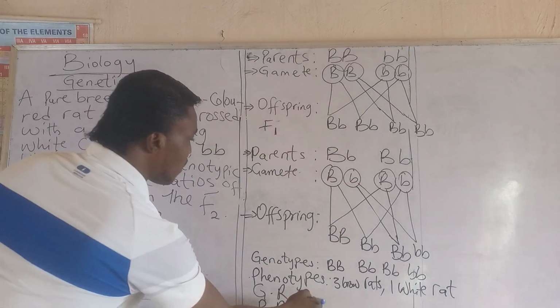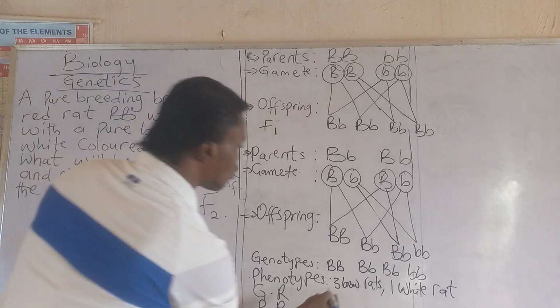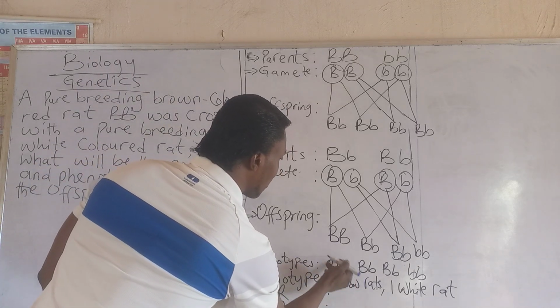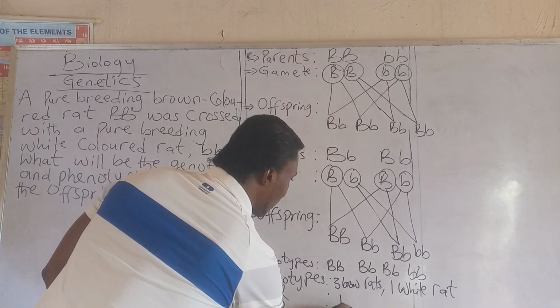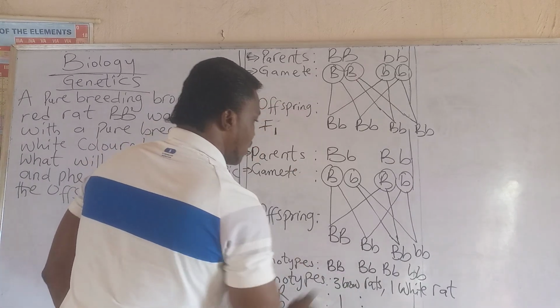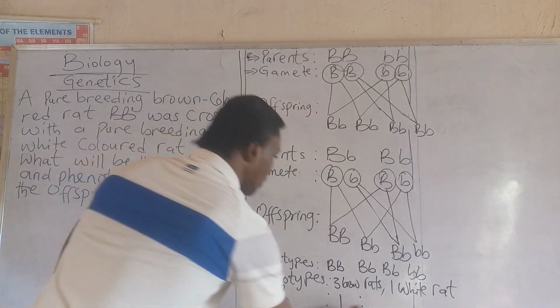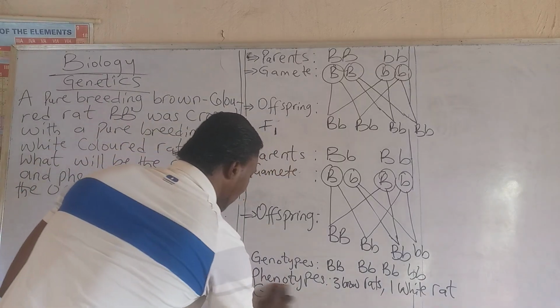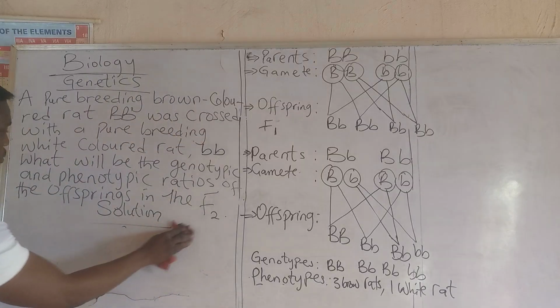So what is the genotypic ratio? The ratio of the genotype. So this is homozygous dominant. So you have 1. I think I need to do it here, so my video does not cut halfway.